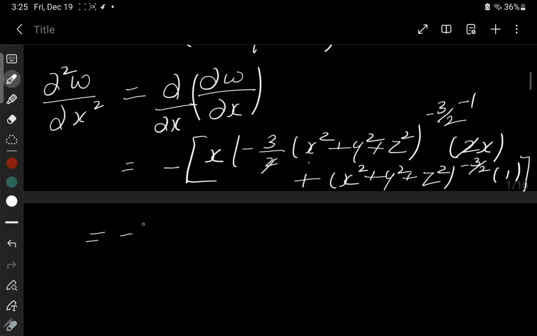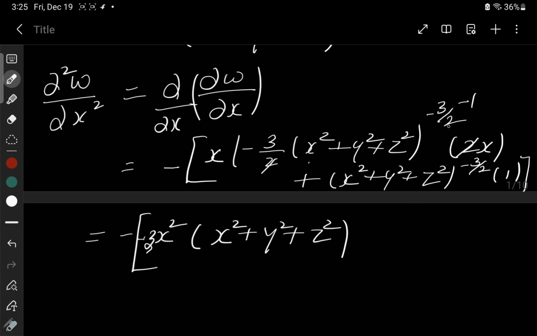So minus common x squared: minus 3 x square plus y square plus z square, take 2 LCM, minus 5 by 2, plus x square plus y square plus z square whole power minus 3 by 2.